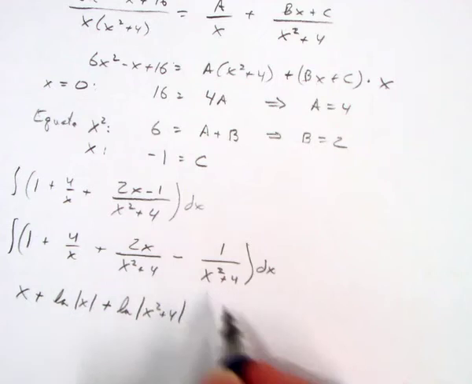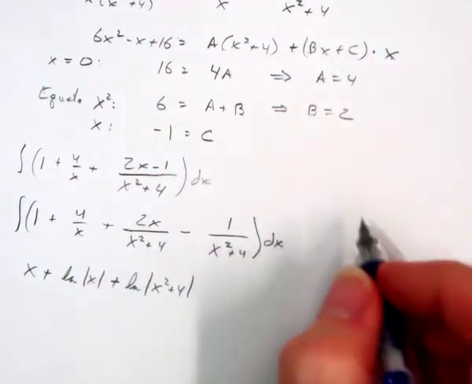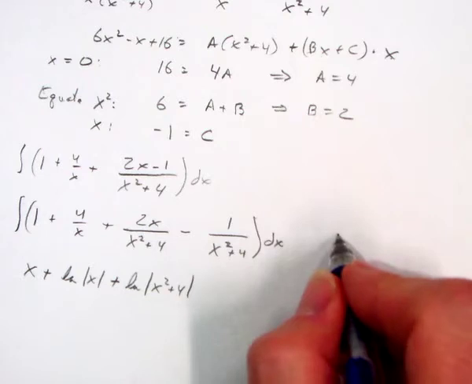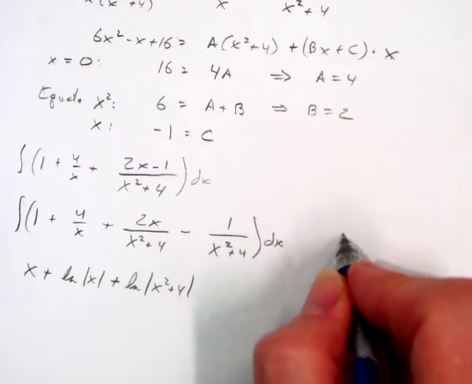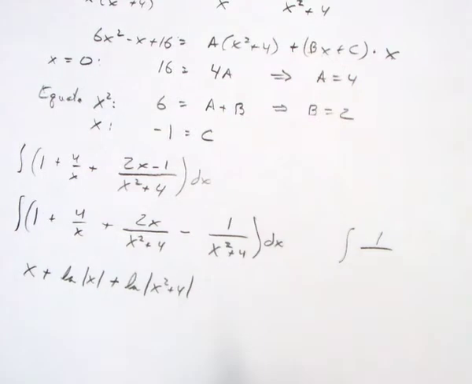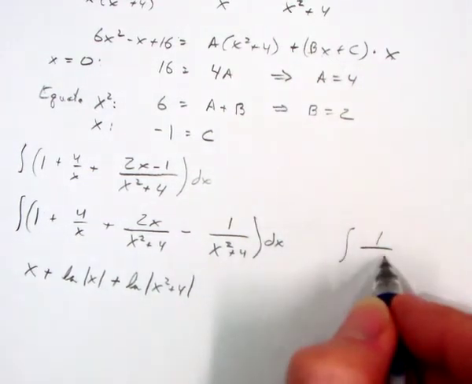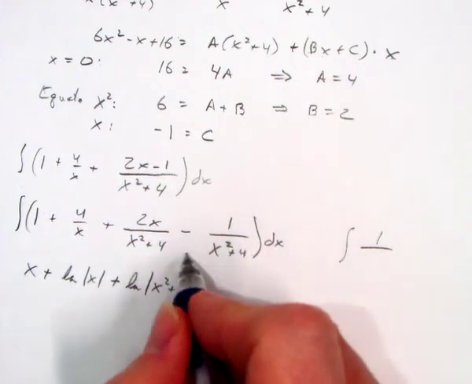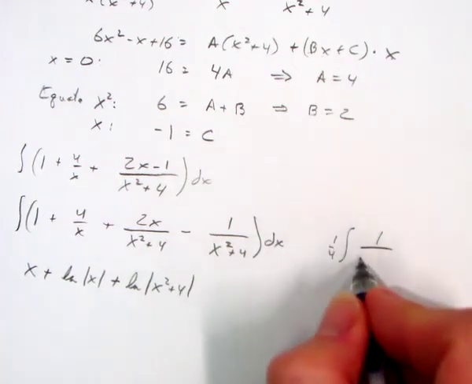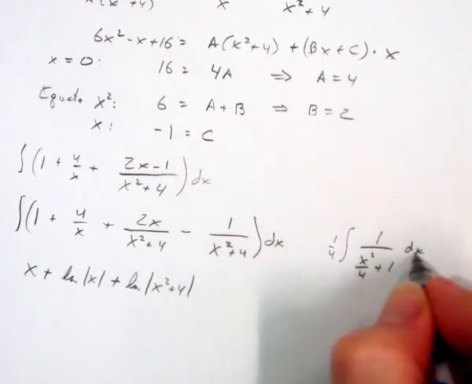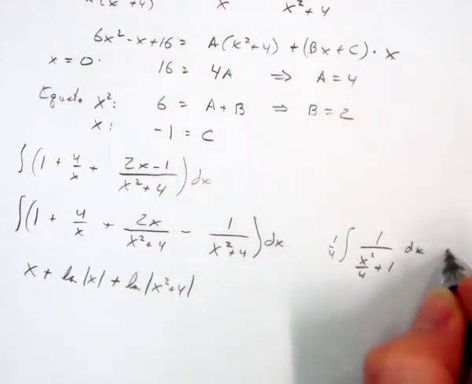Now, we don't have this one, and this is not something that I memorize, but I should recognize the form of it. What we want to do is recognize, where have we seen something like this, x squared plus a number? It's x squared plus 1, which is our inverse tan idea. So let's pull out the 4 here. We'll have a 1/4 times 1 over (x squared over 4 plus 1) dx, and then we can do a substitution.